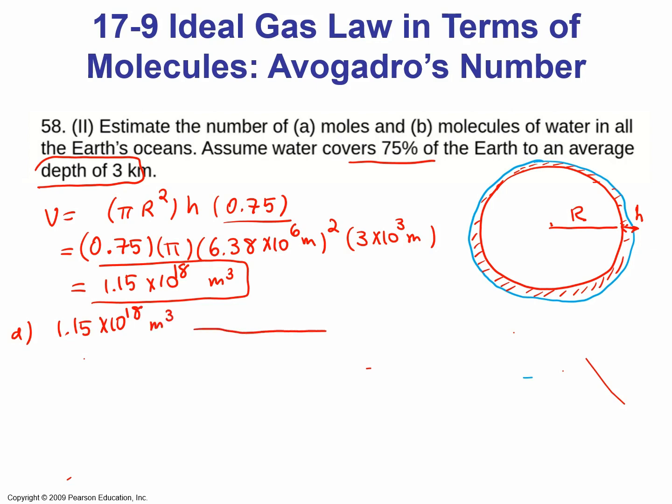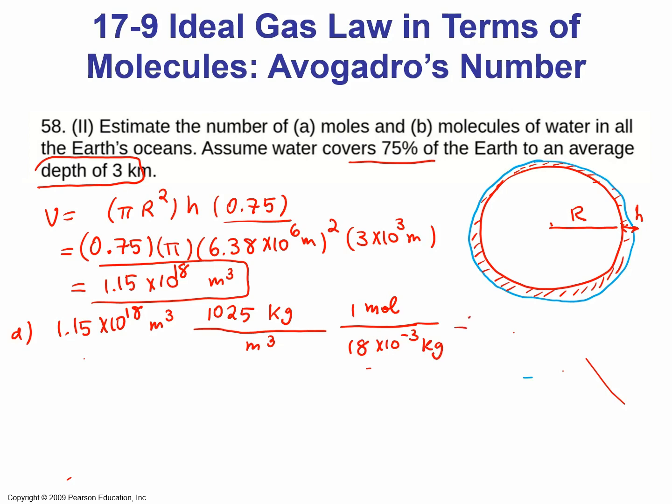Let's convert volume to mass, or kilogram of water, which is 1025 kilograms per meter cube, multiplied by 1 mole divided by 18 times 10 to the power minus 3 kilogram, to convert from kilogram into mole.